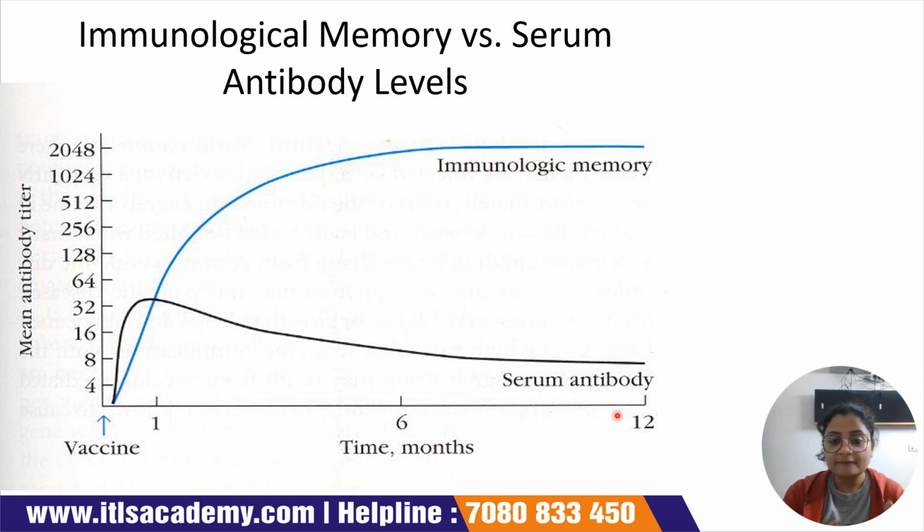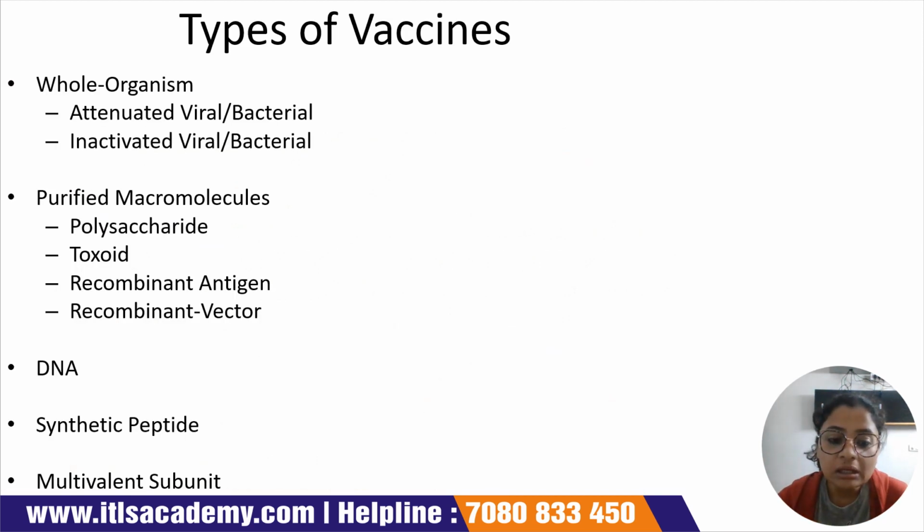After that, slowly the level of the serum antibody decreases as the months increase. See, up to the 12th month the level has already come down. That is where we can explain the necessity of a booster dose to boost the memory cells. Now coming to the types of vaccines, very important.